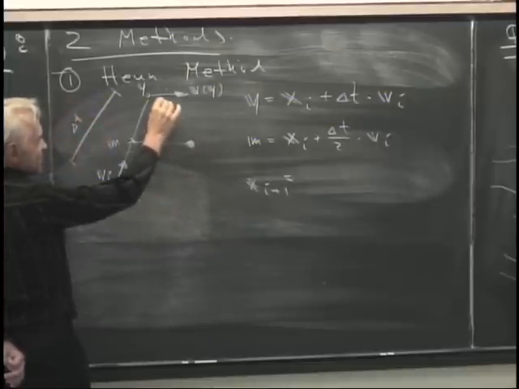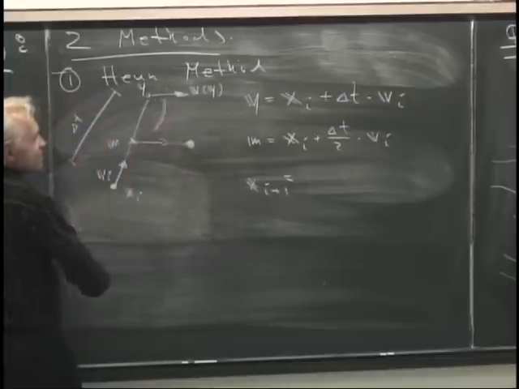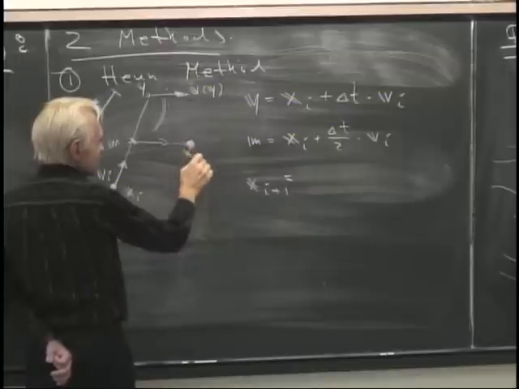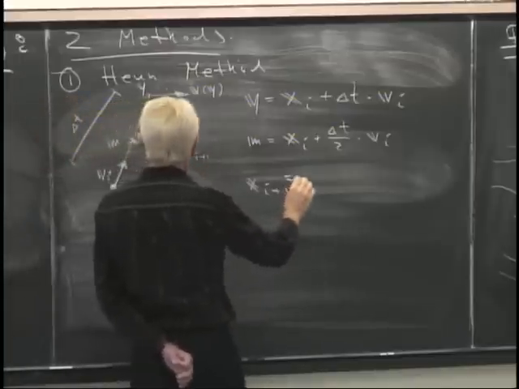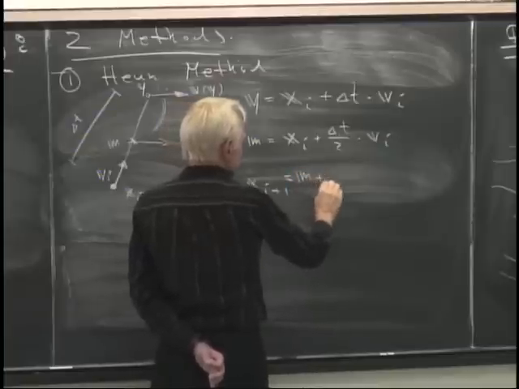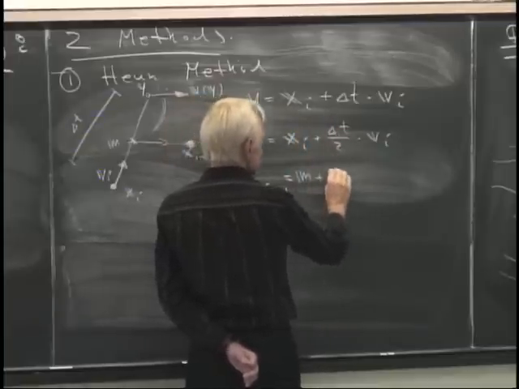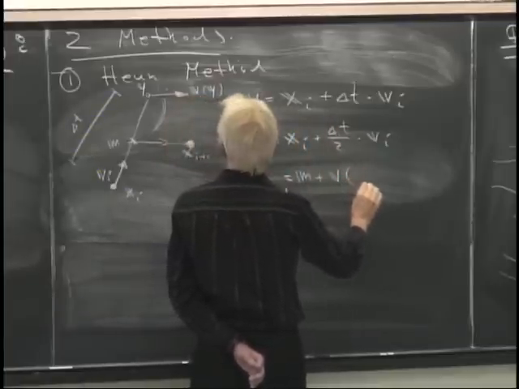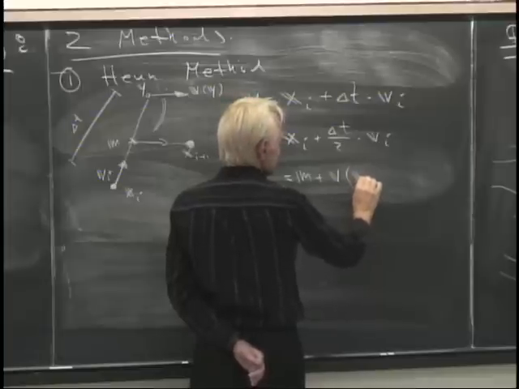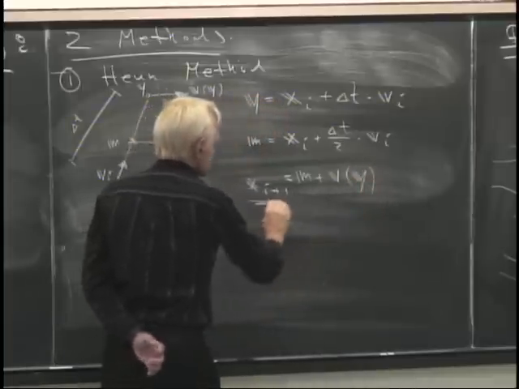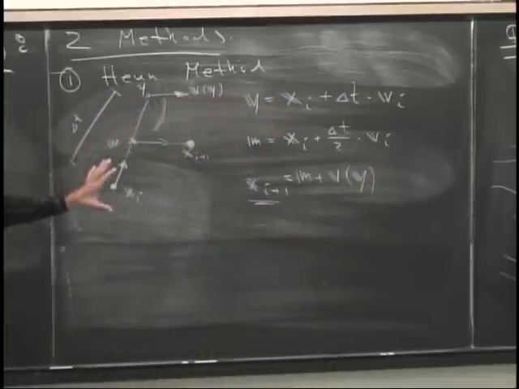These are the same; this vector is that vector. And this is my xi plus 1. xi plus 1 is my midpoint m plus the velocity I computed at my helper point, namely y. Okay, that's the way it's done.